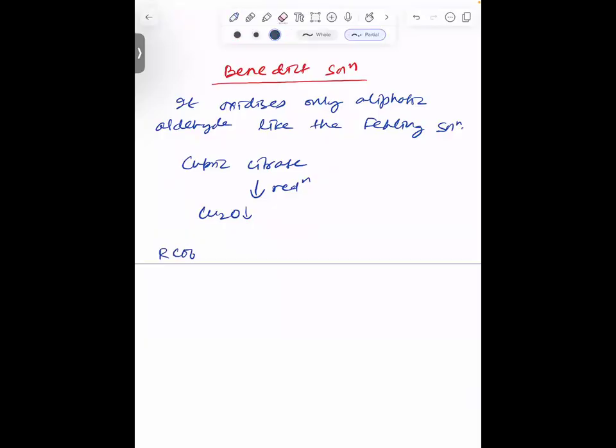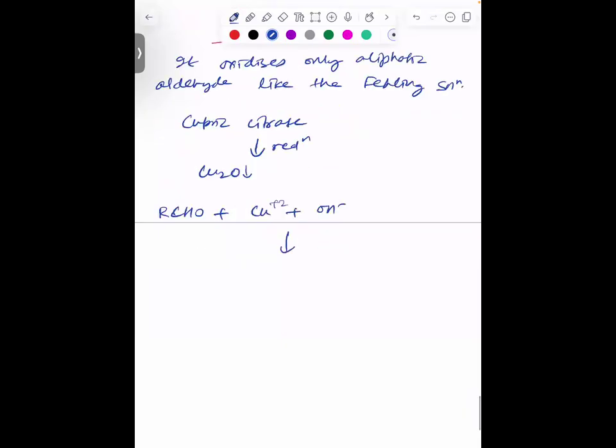So this reaction is the same way: Cu2+ plus OH minus gives the carboxylate, cuprous oxide and water. So balance it, this is 2 and this is 3 and 5.